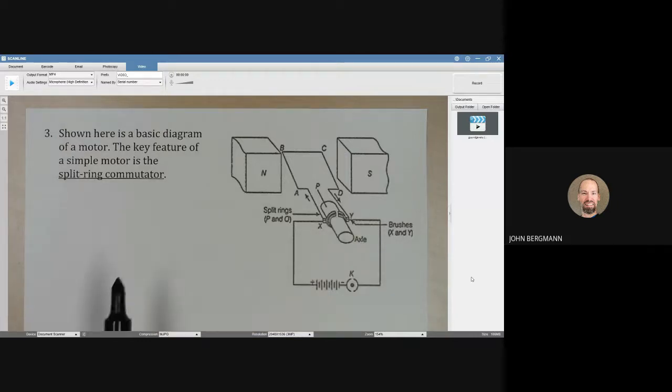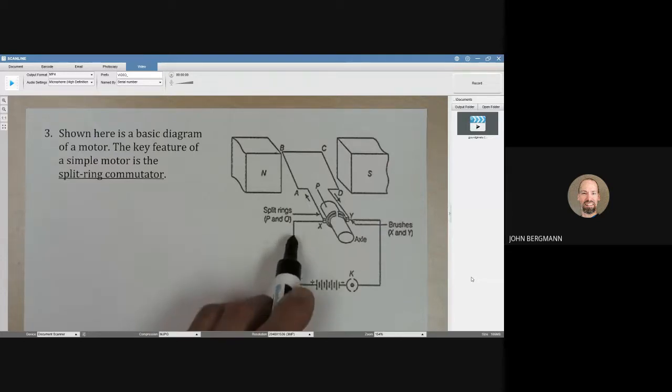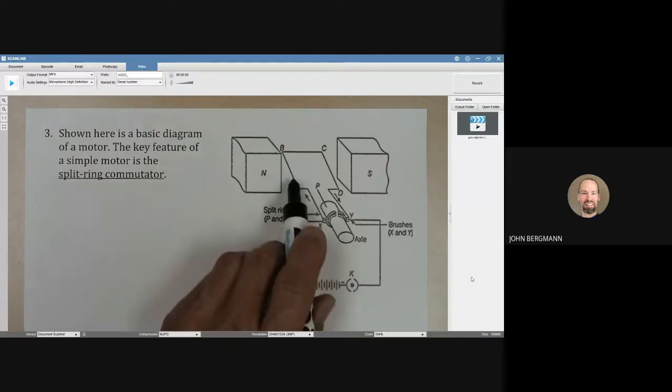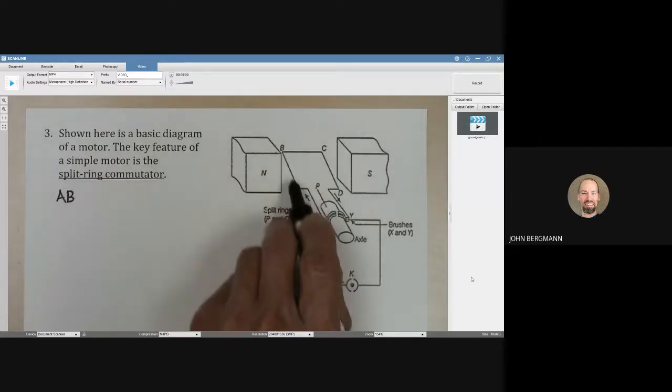Let's figure out what's happening. Down here at the bottom, we have a battery or something that is causing current to flow in this direction. So here we have current flowing in. You can see the little arrow that I'm pointing at. There's current going right there, which means right now there's current in section AB. There's current going that way, kind of away from us.